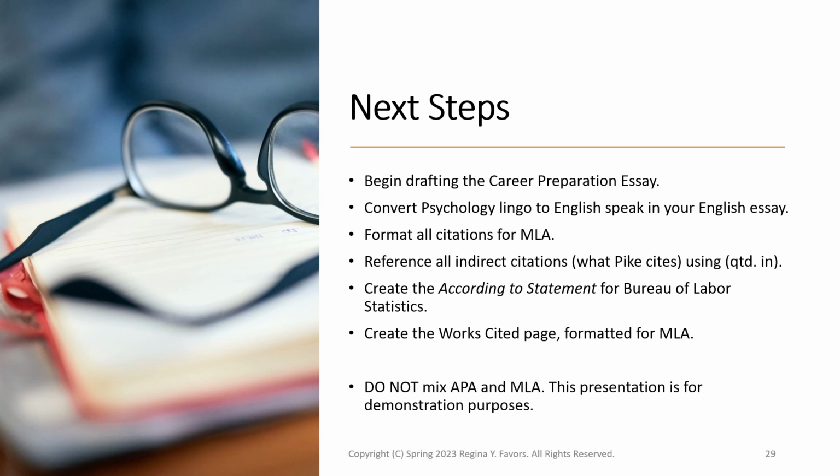You are not required to create an "according to" statement, but it might help you to integrate that source. So Bureau of Labor Statistics is worth 30 points in your paper. And then create the works cited page, which is going to be formatted for MLA. Remember, do not mix APA and MLA within your English-based essay. This presentation was for demonstration purposes only.